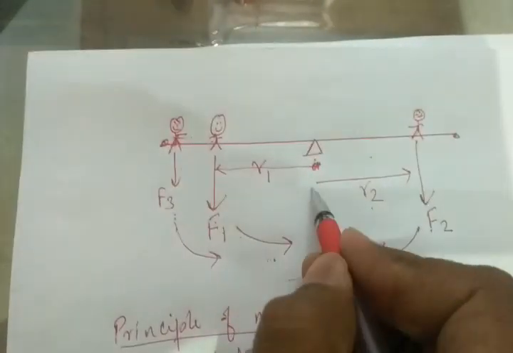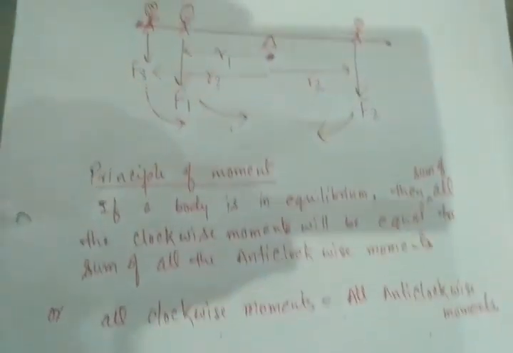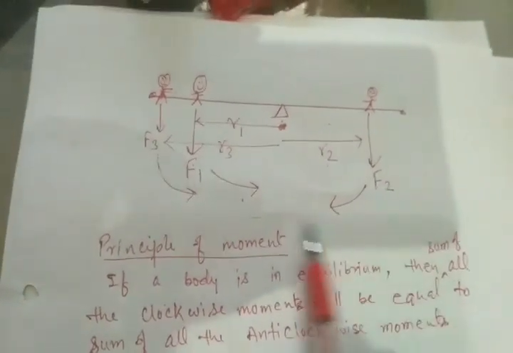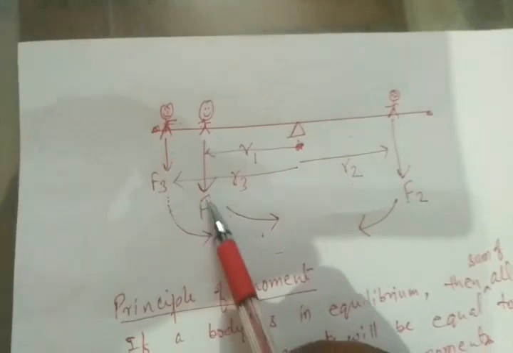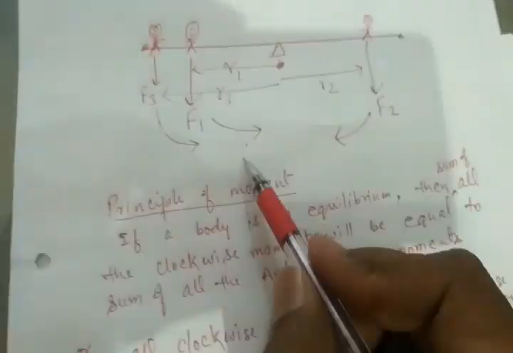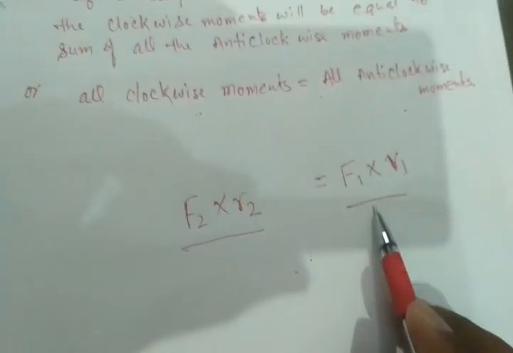Let the distance be R3. Now the total clockwise moment is F2 into R2, which is already here. F1 and F3 both rotate the scale anti-clockwise but it is still in balance. So the anti-clockwise moment is F1 into R1 plus F3 into R3.